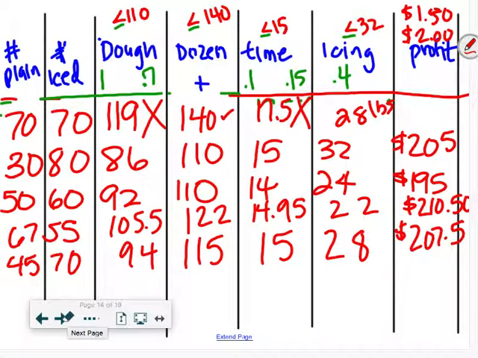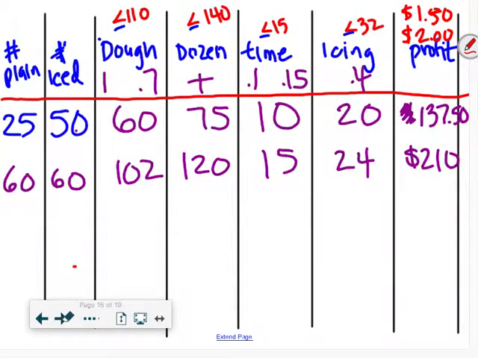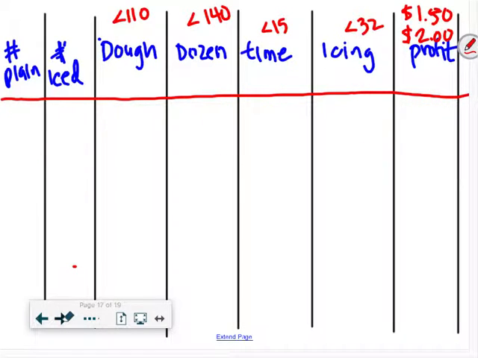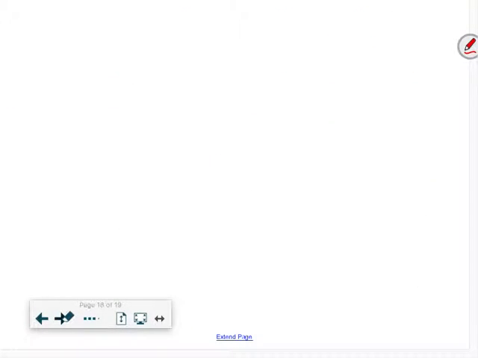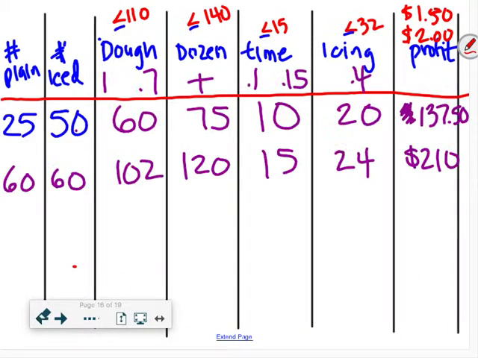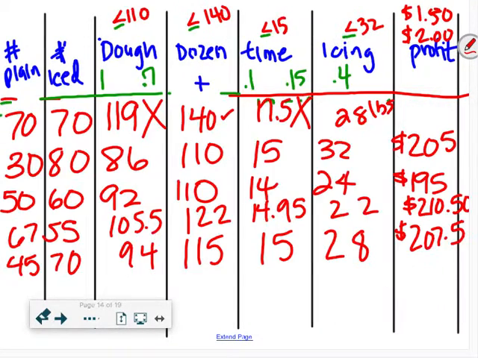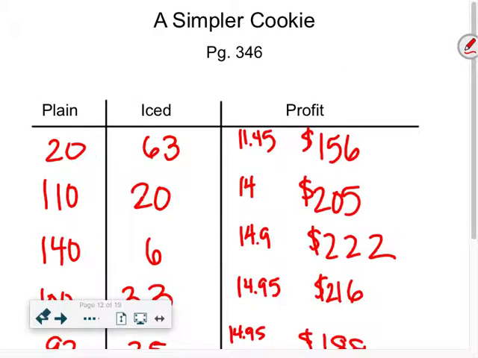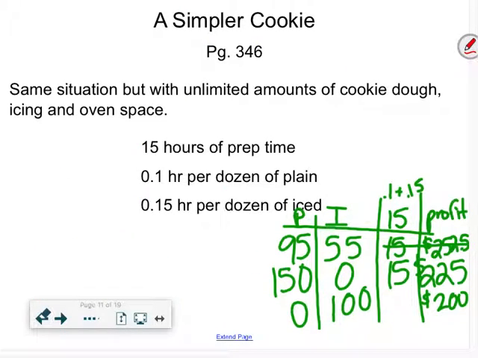So take your notebook paper, flip it over to the back, and in your textbooks, flip to 346. On 346, it's saying what we've already established, and that is, hey, this is a pretty complicated problem. And so the activity is called a simpler cookie.